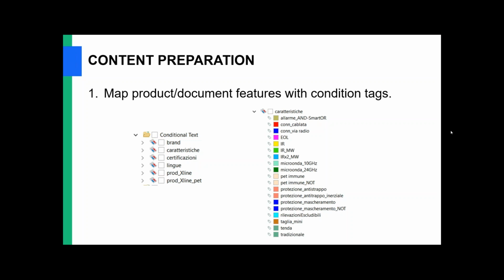Otherwise, every time I add a new product, I should review the content to apply the product conditional tags. So I use tags based on intrinsic properties like product features. They are future-proof. When I say based on intrinsic properties, I mean using names that exactly describe what the information is.